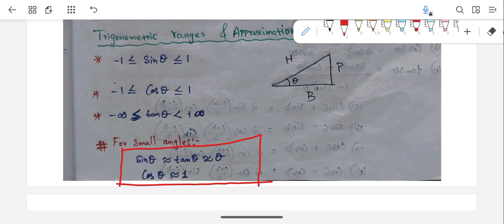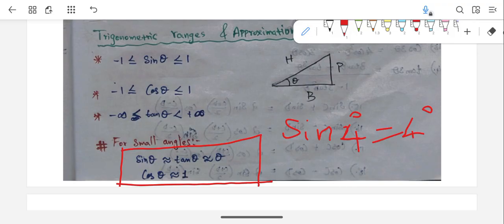Cos 1 degree, 2 degrees, 3, anything, you can approximate it to the value 1. And sin theta and tan theta become equal, and that is the value theta. For example, if we have sin 2 degrees, or 4 degrees, sin 4 degrees means its value is nothing but 4 degrees.